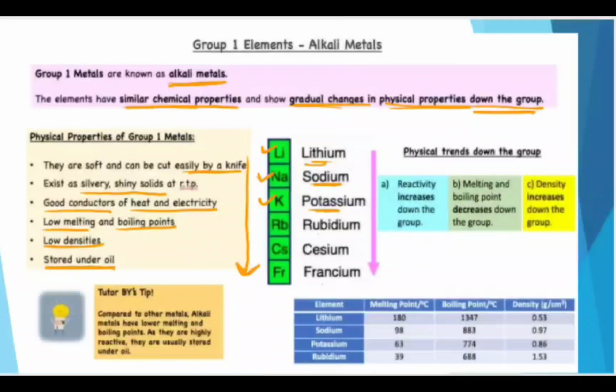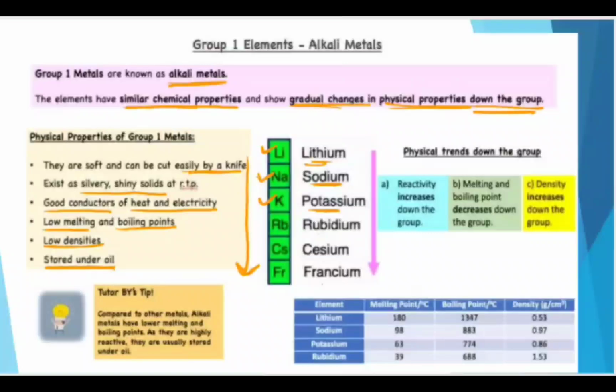Their willingness to give away the electron in the outermost shell. They just have one. Go away, we don't want you. So throwing it away means reactivity is really high, and because of which they have to be stored in oil.